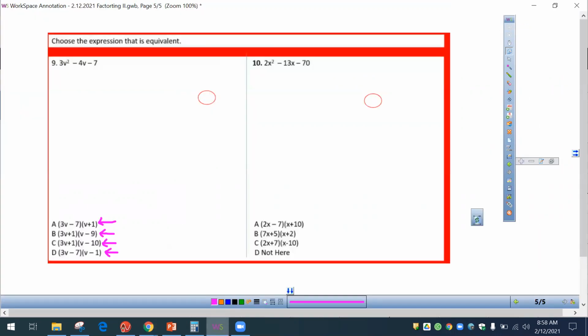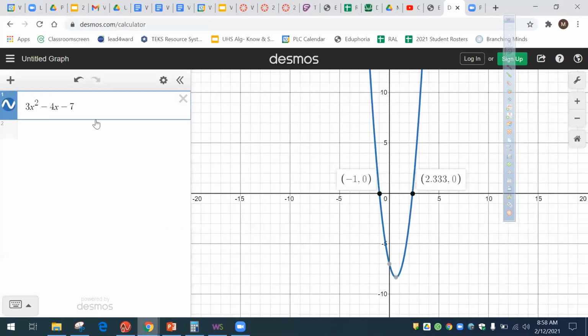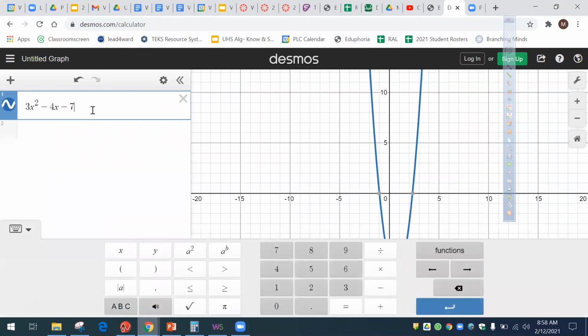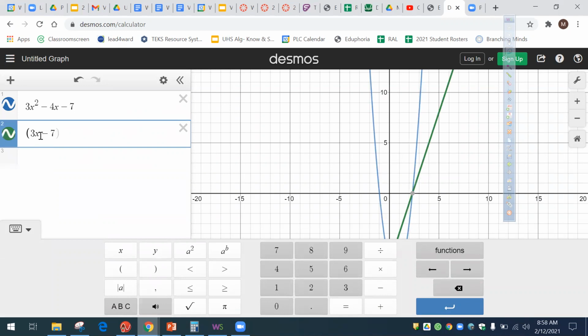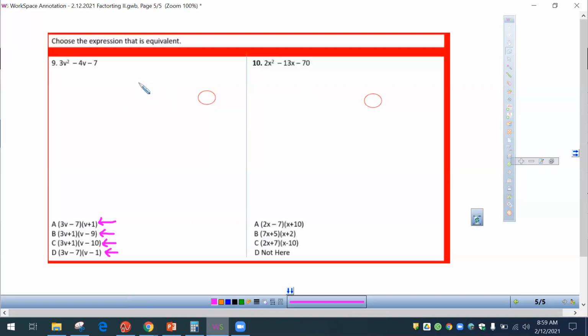And then what you can do is type in one of those and see if it looks the same. So if you type in that one, 3x minus 7 plus 1, see how it graphs right over it? So on the test, you can see that they are equivalent. So your answer would be A.